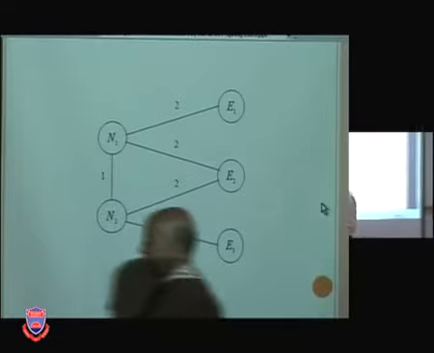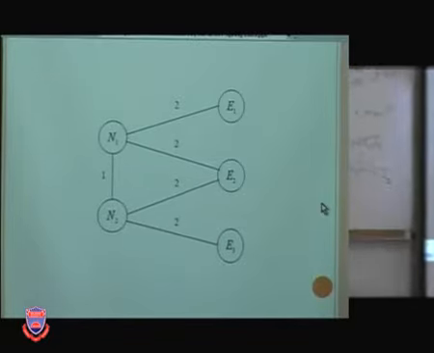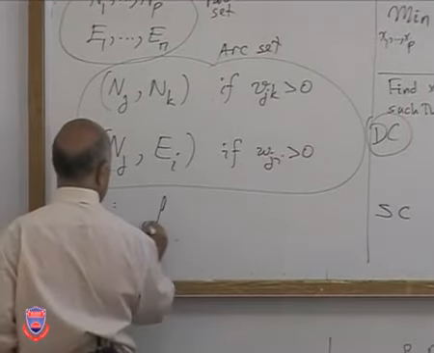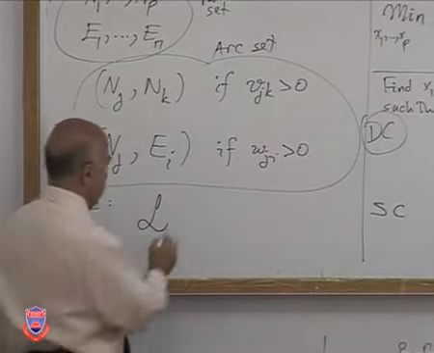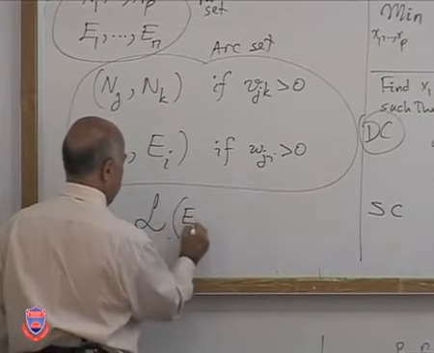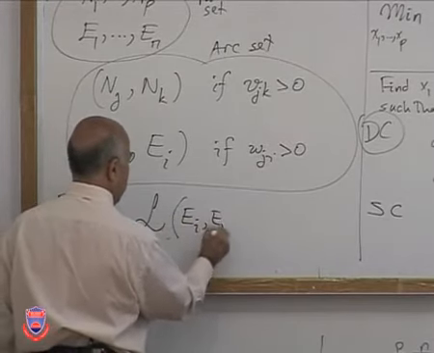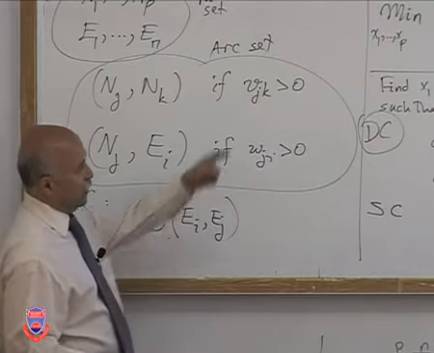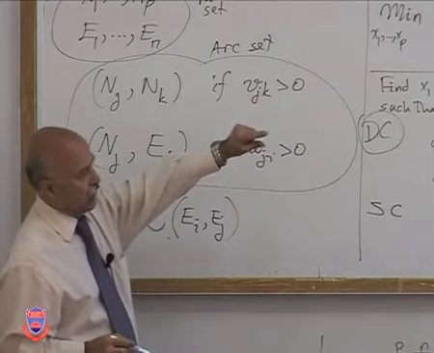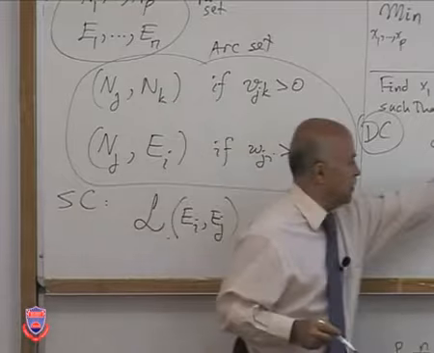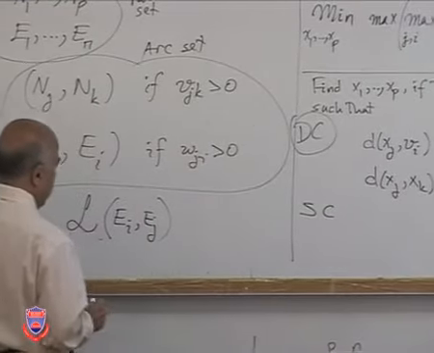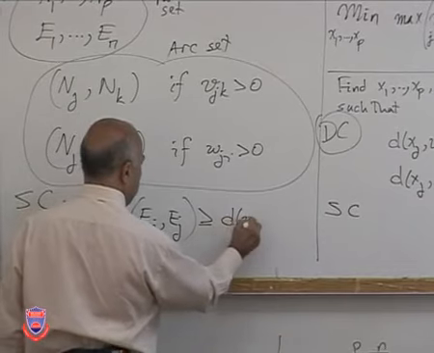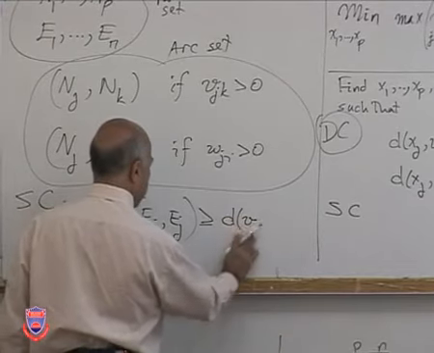So the separation conditions simply tell you this. The shortest path length, let me just denote it by this, between any Ei and Ej in the interaction graph, where the arc lengths are the upper bounds, either C's or B's, should be at least as large as the actual distance between the vertices Vi and Vj.